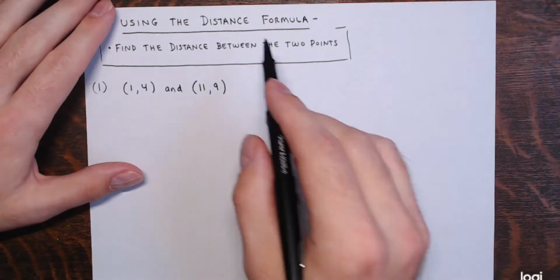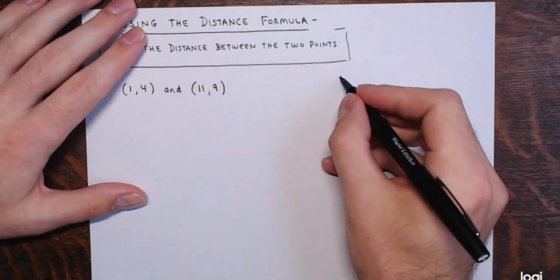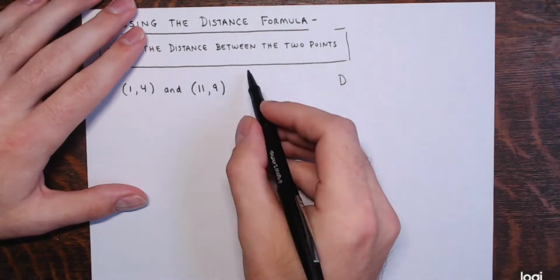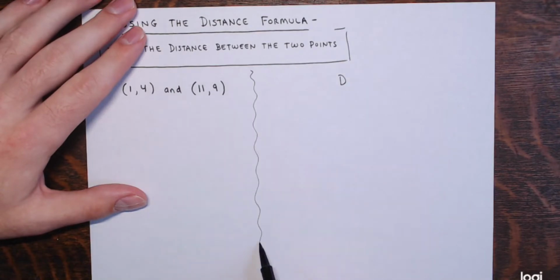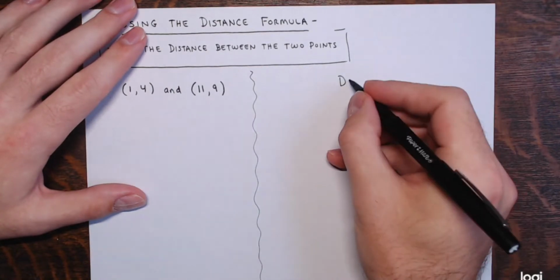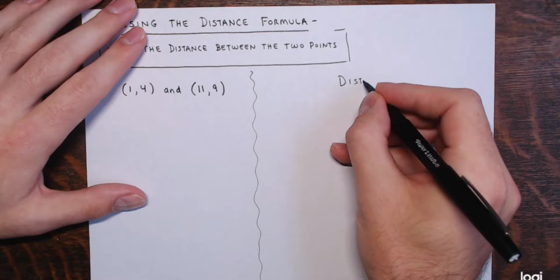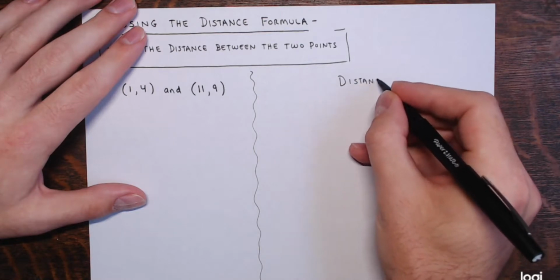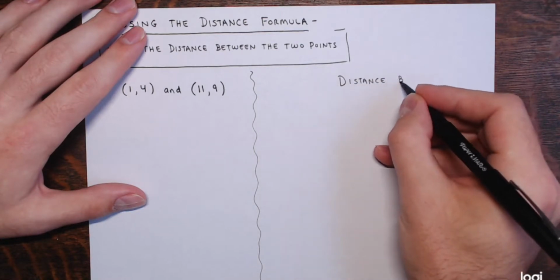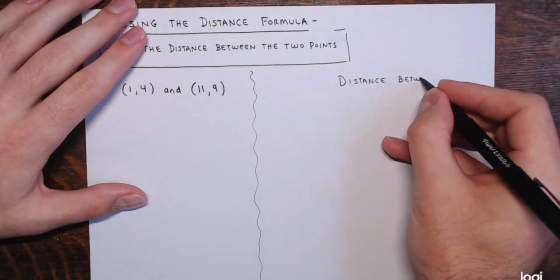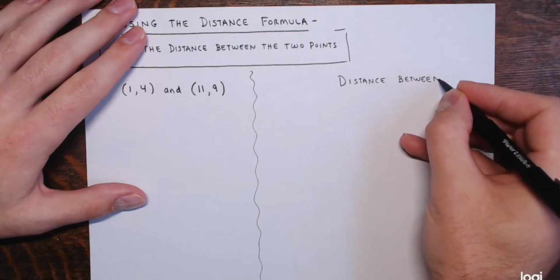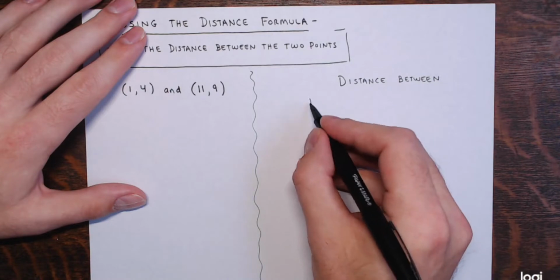Alright, so first let me talk about this distance formula off to the side here. So before I even do example 1, let's talk about how do we find the distance between 2 points on the coordinate plane. So how about the distance between points?